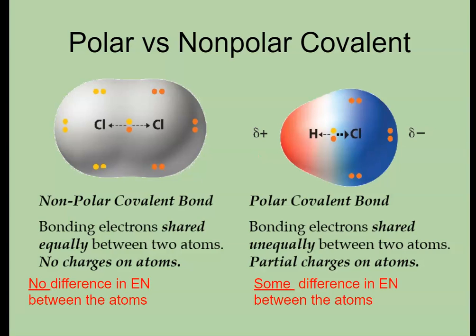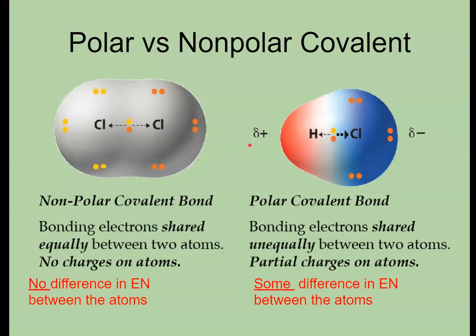Now, why is it called polar? Let's think about poles on Earth. That's probably the most relevant connection for us, right? We think about the North and the South Pole. What would we call those? We would call them opposites. Something that's polar is going to have opposite sides. So here we see partially negative, partially positive.